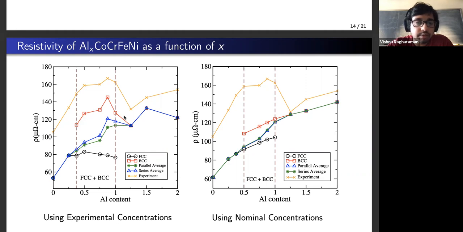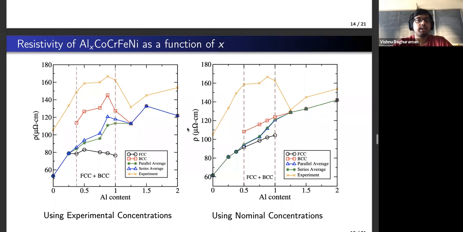But the BCC phase seems to almost mirror the behavior you see in the experiment, and that matches the non-monotonic behavior. So essentially, this shows the significant effect: the non-monotonicity of the resistivity in the multiphase region arises from the different concentrations of aluminum in the FCC and BCC. The aluminum doesn't go equally to the FCC and BCC.